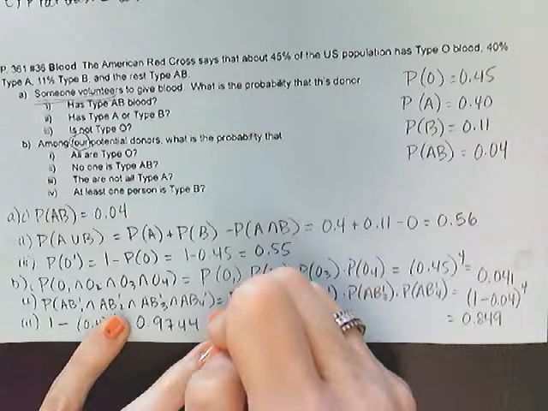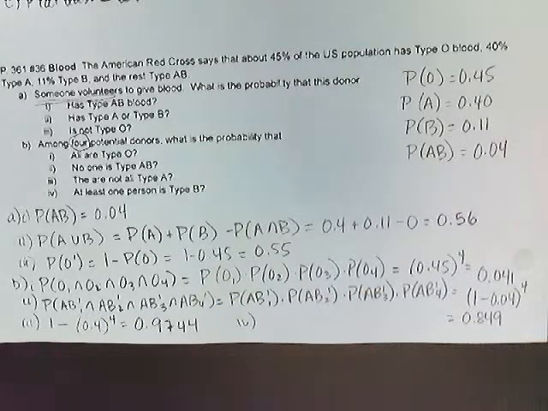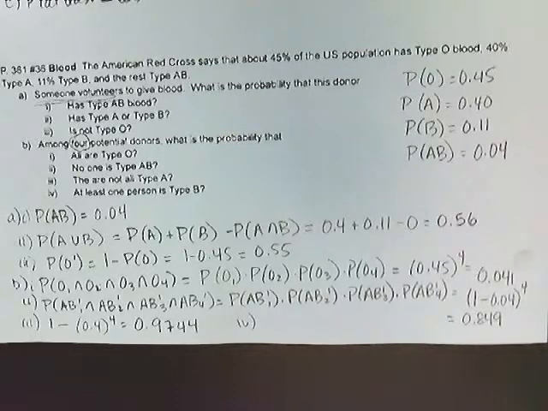All right, let's look at the fourth one. At least one person is type B. Why don't you take a second and try to do this one on your own real quick? At least one. And then don't look up here, but I'll do it up here.